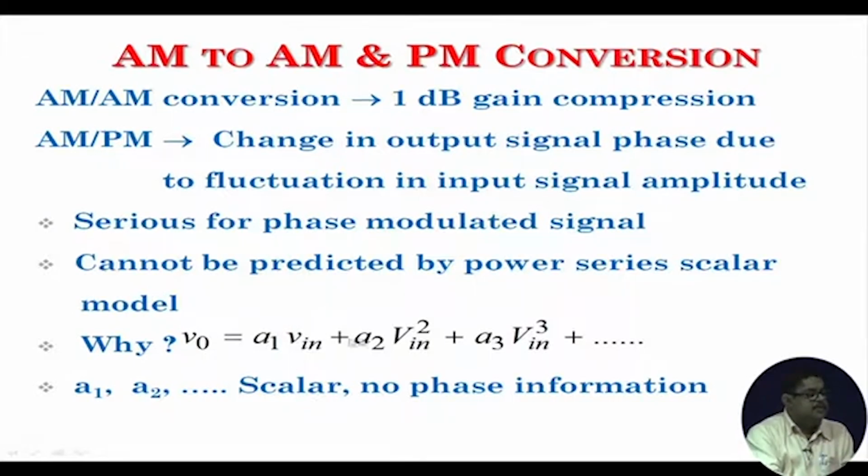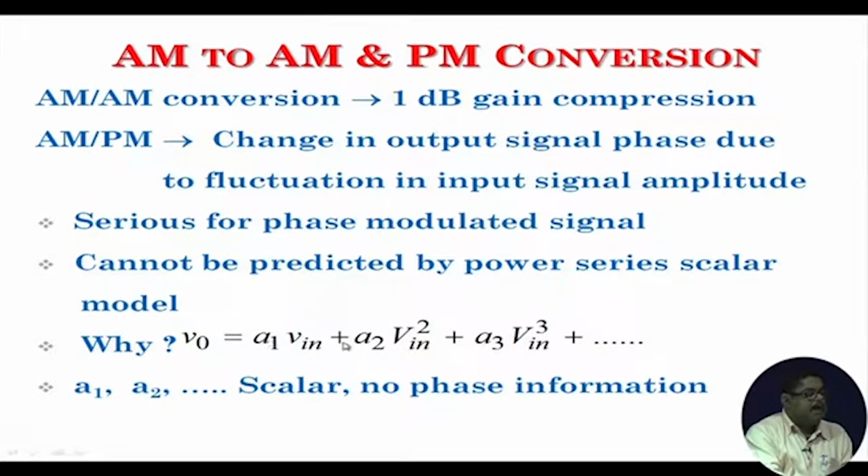But even if we make them vector, then V in we should consider as a phasor with both amplitude and phase. If we do that, then these expressions won't be simply their square, we will have to use that conjugate relation and we will have to consider that.